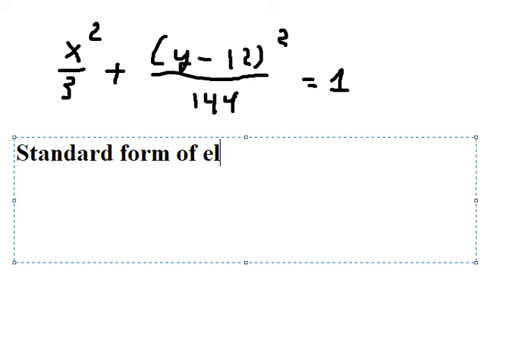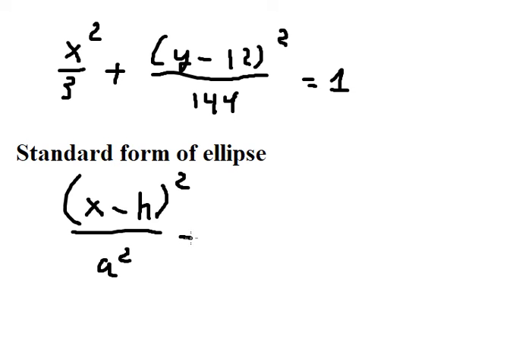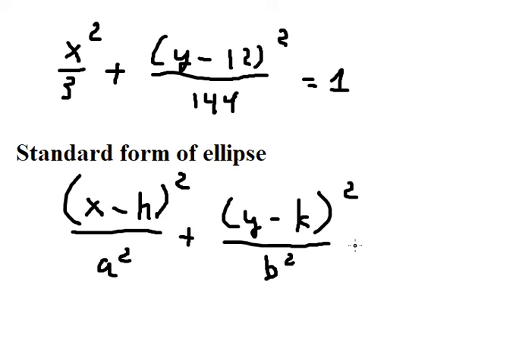form of ellipse. So we have x minus h to the power of 2 over a square plus y minus k to the power of 2 over b square equals number 1.